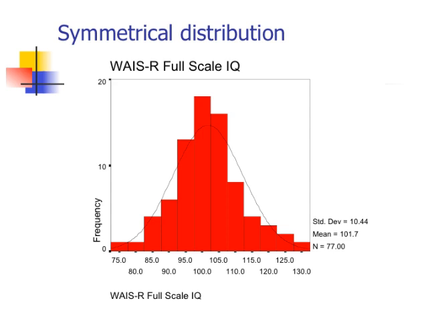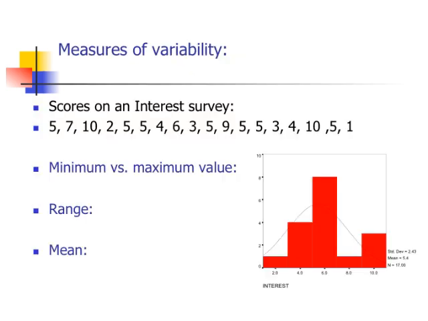You don't want to have skewed distributions if you can help it. You want to design your measurement tools or your sampling so you produce distributions largely like this, that have highs and lows around a mean, and they trail off toward the high end equally as they trail off on the low end. Descriptive statistics, measures of variability.